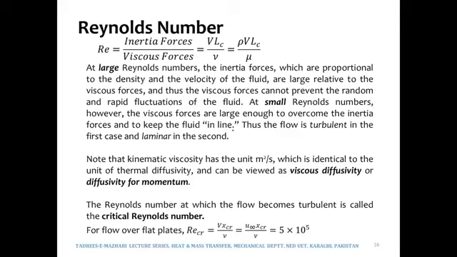The highly viscous forces would keep the flow very streamlined and will not let the flow get disturbed that easily. So usually small values of the Reynolds number correspond to laminar flow, and high values correspond to turbulent flow.